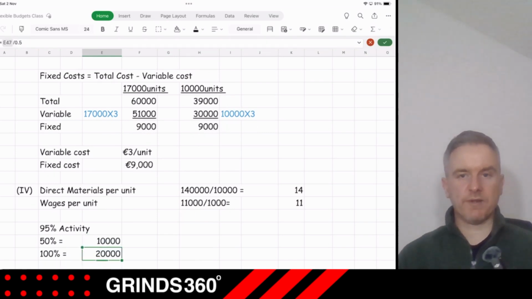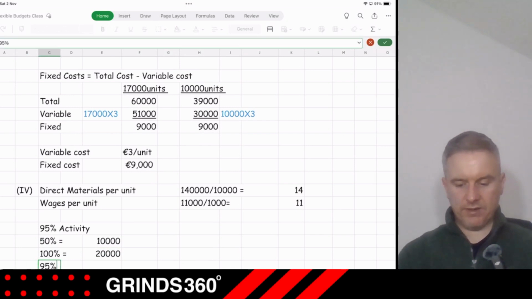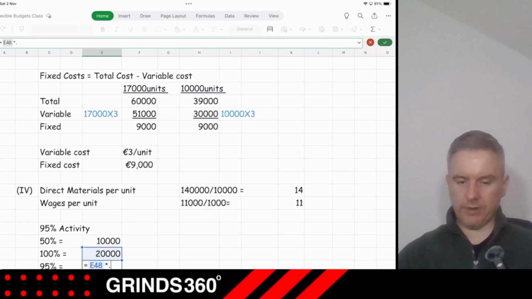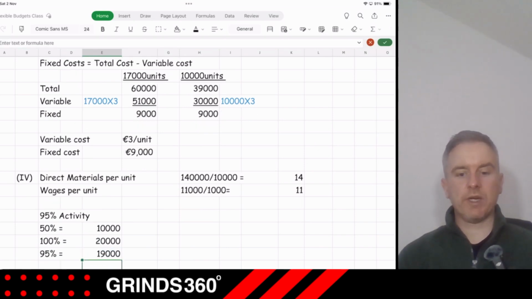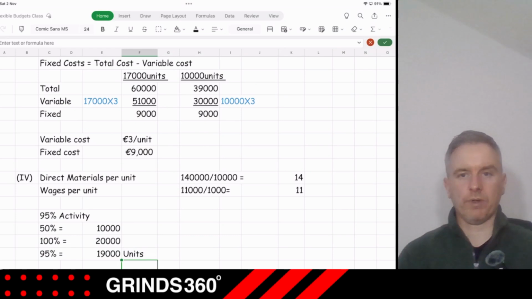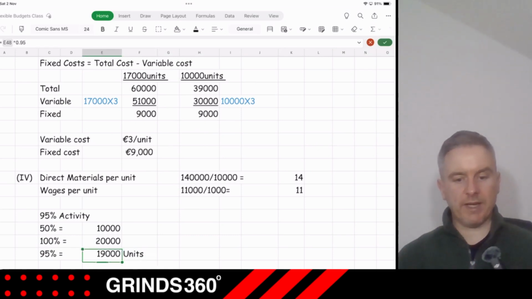So 20,000 is 100%. And then we want 95% activity. So we're just saying 95%, take the 20,000 multiplied by 0.95. So we know 19,000 units is what we're after. That's what we want to work with, okay? So from here on in, that's the key figure. So that 19,000.